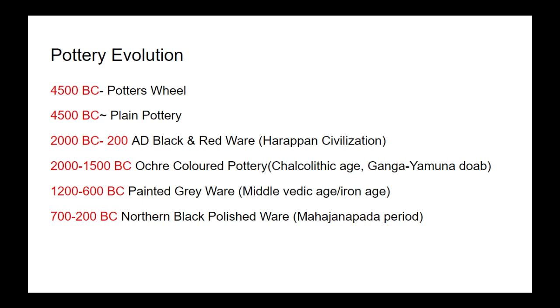From 2000 BC to 200 AD, black and red ware pottery existed, and at most of the Harappan Valley sites we found black and red ware pottery.